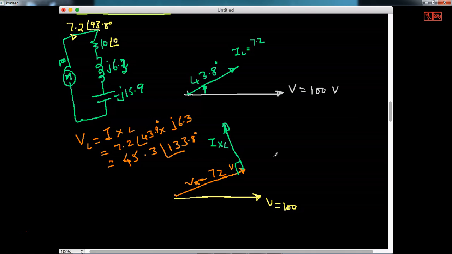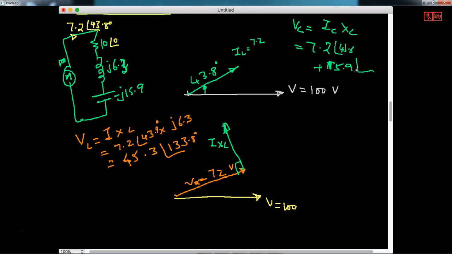Similarly, I'll get one more voltage, that is VC, I into XC. So what is IC? IC is 7.2 amperes at an angle of 43.8 degrees. What is XC? 15.9, multiplied by minus J, that is minus 90 degrees. So this one will be downwards.